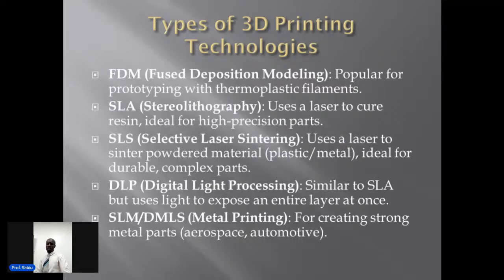Then we have DLP, which is similar to SLA, but it is lighter. When you are trying to create an object, but you want it to remain lighter with the same strength. You heard about fiber, right?